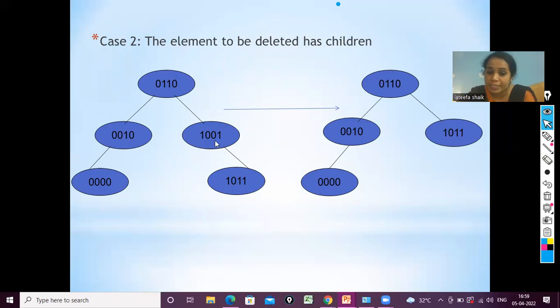This element has a child, so this node is replaced with the child. After deleting 1001, its place is replaced with the child, that is 1011. So replacement is done in the case where the node has children. These are the operations in the digital search tree.